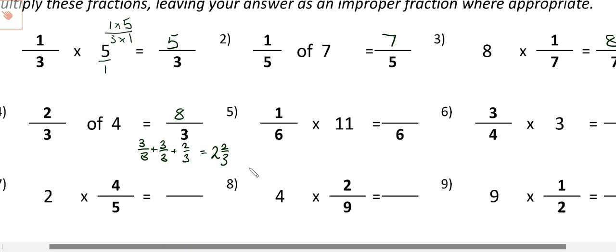Yeah. 2/3 of 4 means you split 4 into how many pieces? 3 pieces. And you only took 2 of them. So you should have less than you started with, yeah? So is 2 and 2/3 less than 4? Yeah. So I think just from that, my answer makes sense.